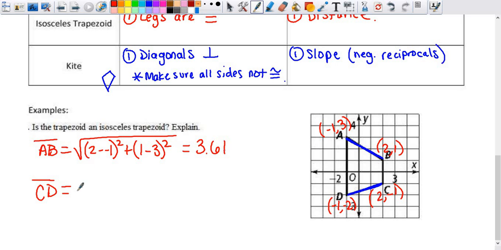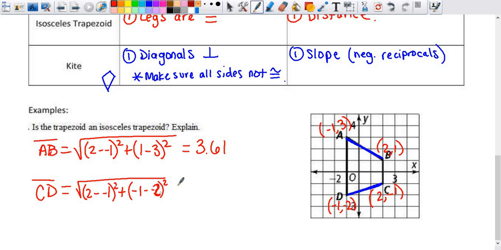Then I'll go ahead and do CD, check this distance as well. So x2 minus x1 squared plus y2 minus y1 squared. Okay, these are in the correct order.